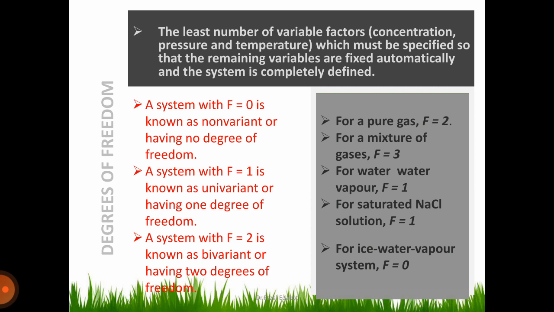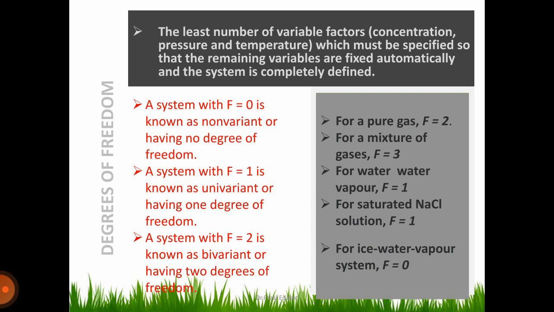So for pure gas, the degree of freedom will be 2. It needs pressure and temperature. For a mixture of gases, it is 3. When it is a mixture of gas, you have to even talk about the number of moles. For water vapor, it is 1.